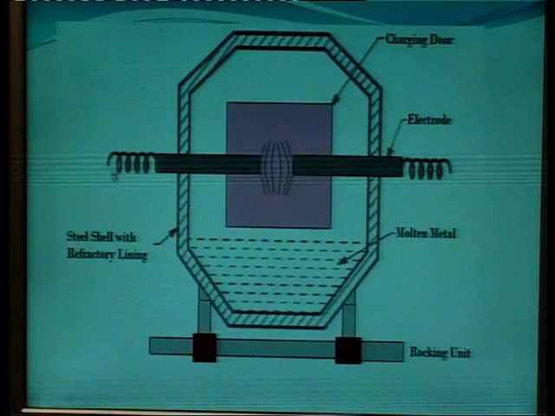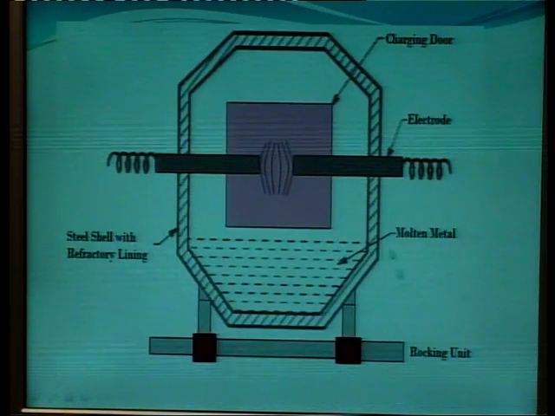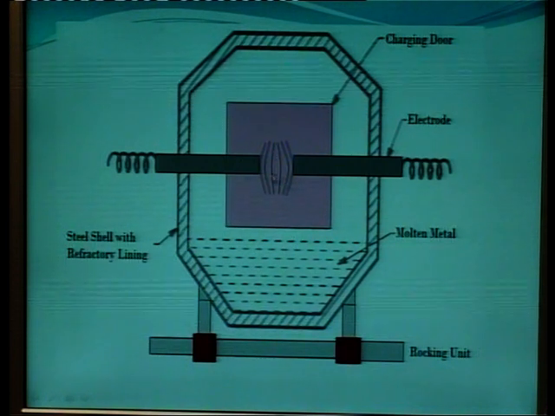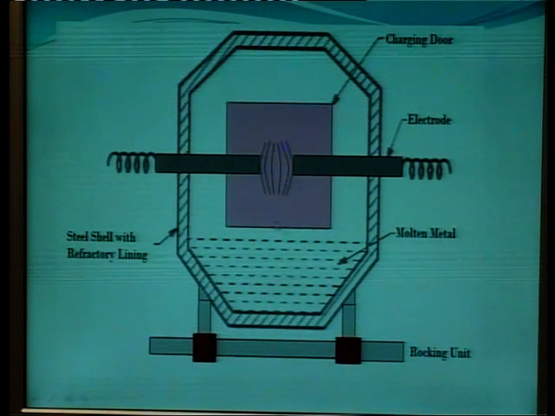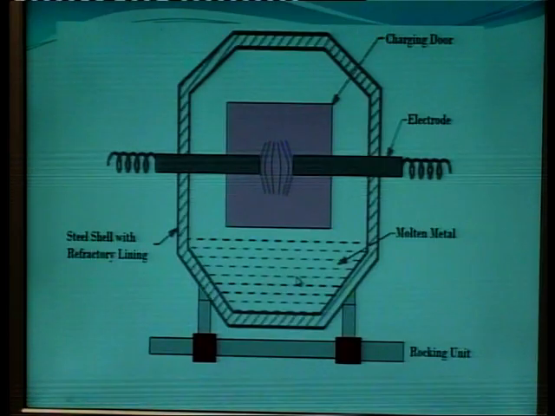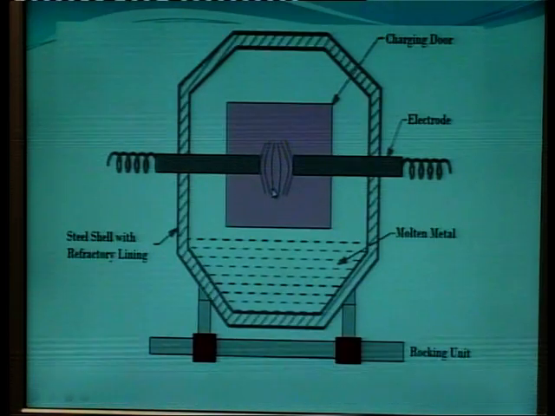Now here these are the wires through which we give supply. Now when the arc is produced between the two electrodes, the heat is then transferred to the charge by using the radiation process.